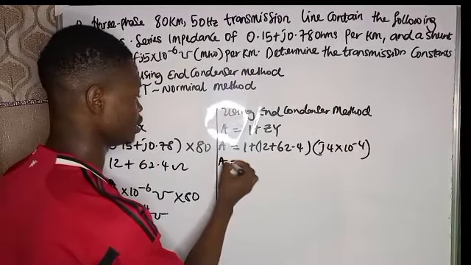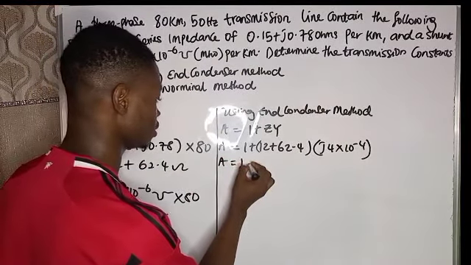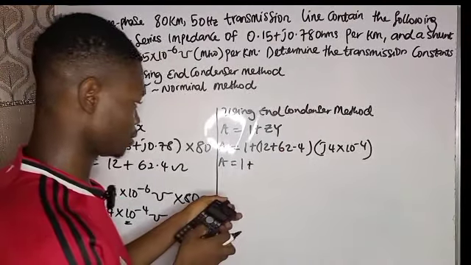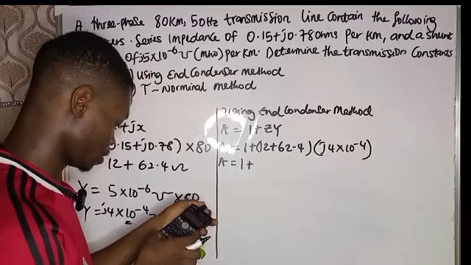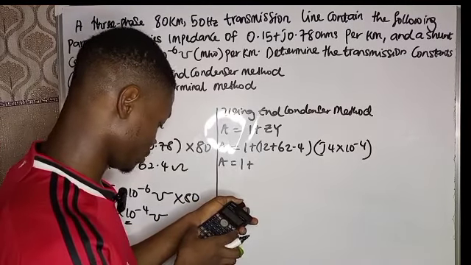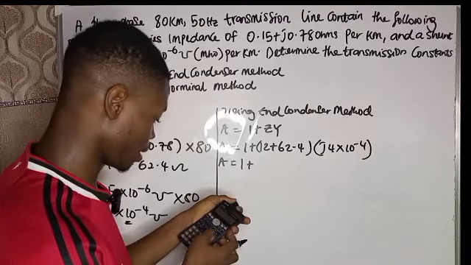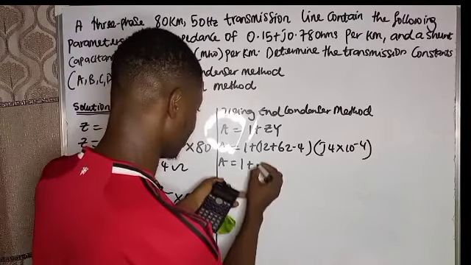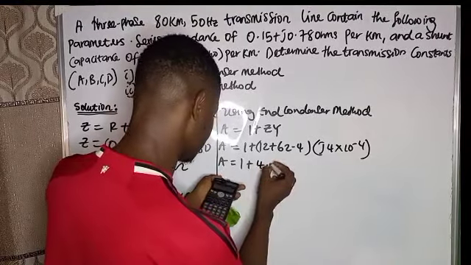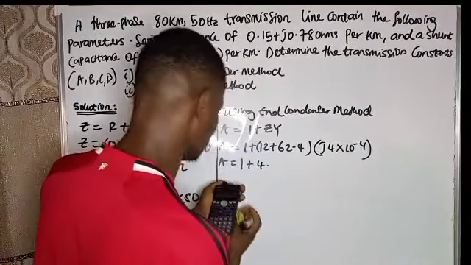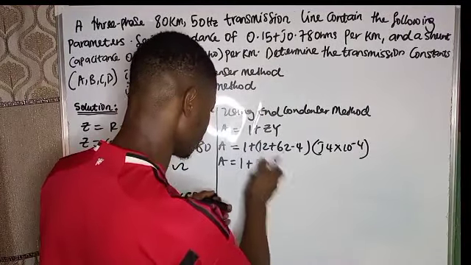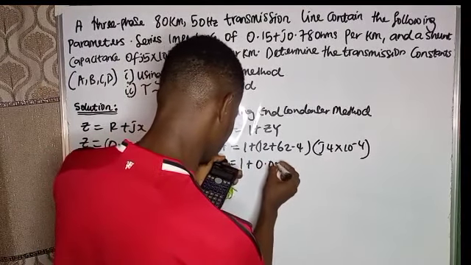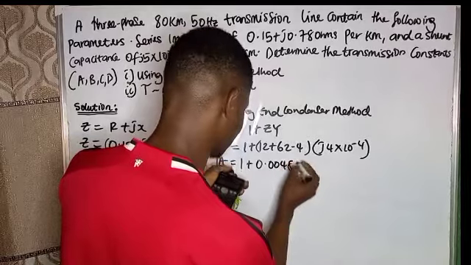So our A is equals to 1 plus this, multiplying this will give us 12 times 4 times 10 raised to the power of minus 4 will give me 0.0048. Okay, let me convert it to decimal directly.